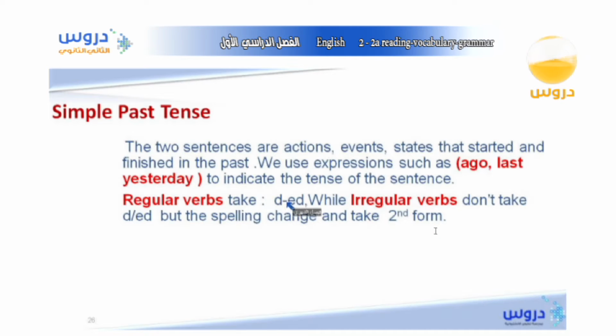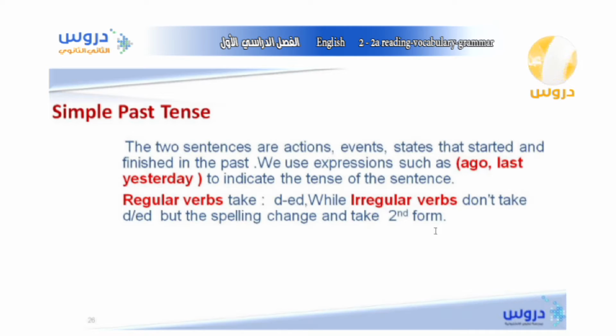Regular verbs take D or ED, while irregular verbs do not take D or ED, but the spelling changes. So in English, for the past form of the verb, we have two types.